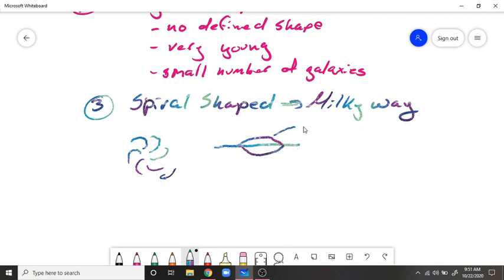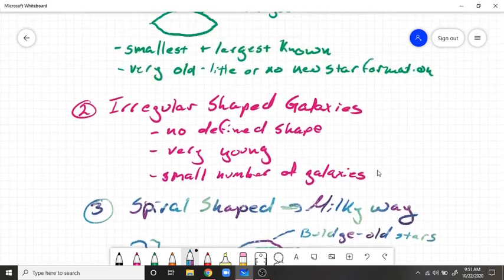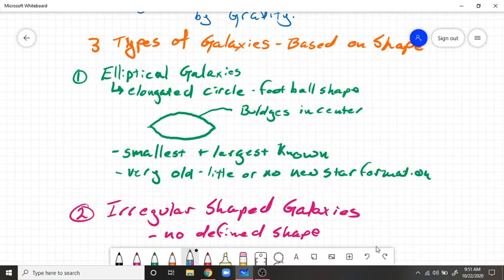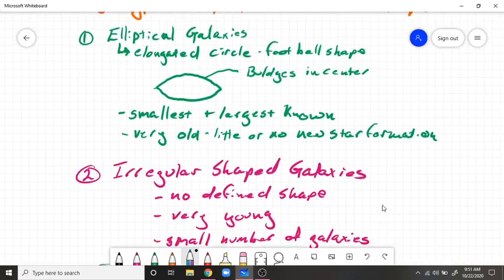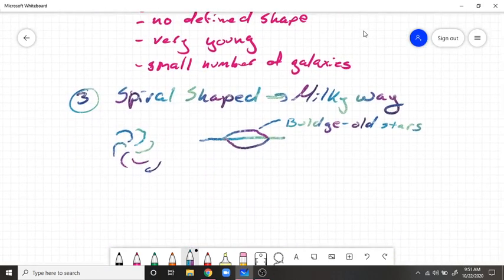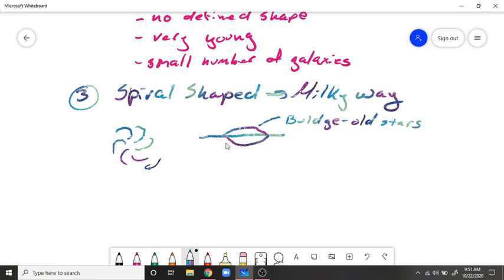The bulge has old stars, and it kind of looks like an elliptical galaxy. So one might guess that elliptical galaxies were once spiral-shaped galaxies.